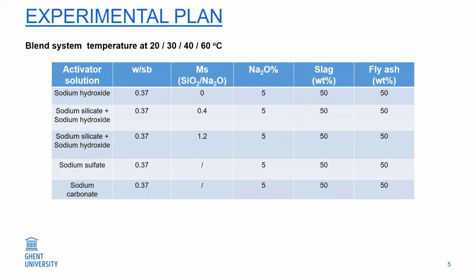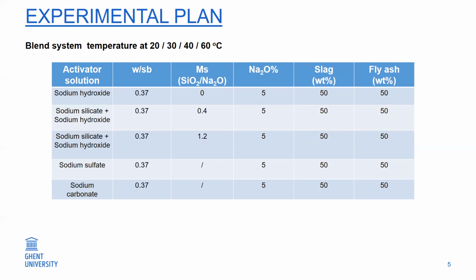So here is the experiment plan and the mixture design of this study. We have 5 different solutions. There are sodium hydroxide, two different combinations of sodium hydroxide and sodium silicate activator solution, sodium sulfate, and the last one is sodium carbonate. They have the same sodium oxide content at 5% and the same water to binder ratio of 0.37.